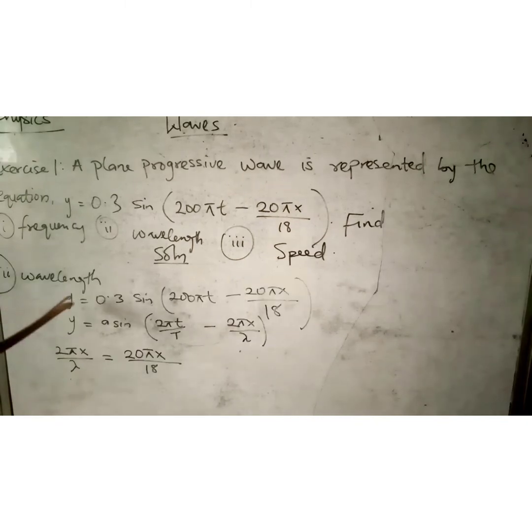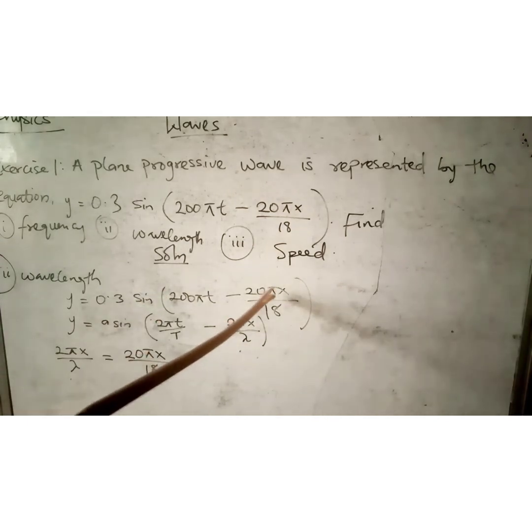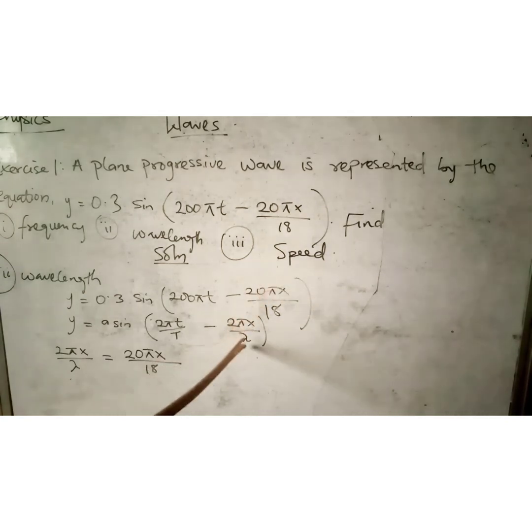To look for wavelength, we compare the two equations again. And from the equation, we are comparing these two quantities. That is 2 pi x over wavelength is equal to 20 pi x over 18.